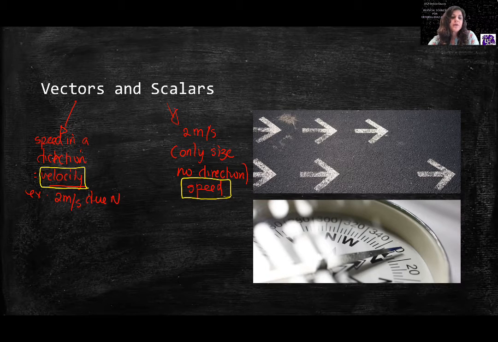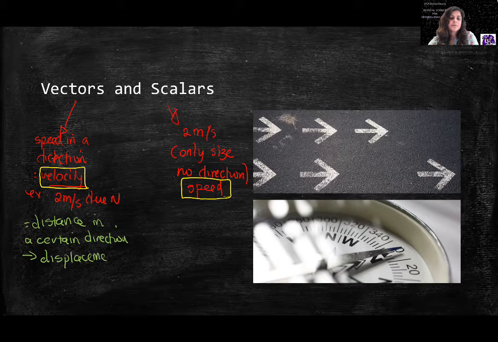So when we have distance in a certain direction, the scientific name for that is a displacement.